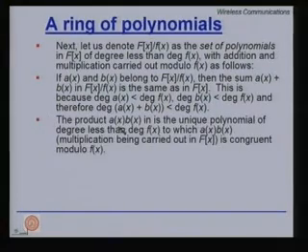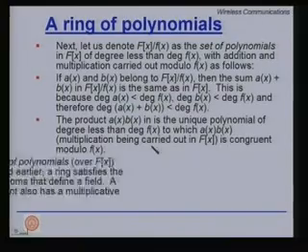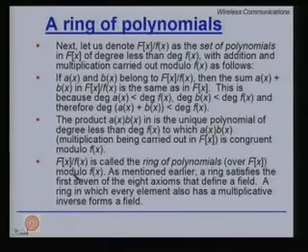Carrying on this philosophy, the product a(x) times b(x) is the unique polynomial of degree less than degree f(x) to which a(x) times b(x) is congruent modulo f(x). So, F[x]/f(x) is called the ring of polynomials over F[x] modulo f(x). So, what are we looking at?